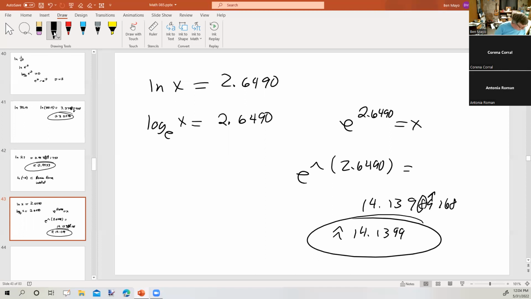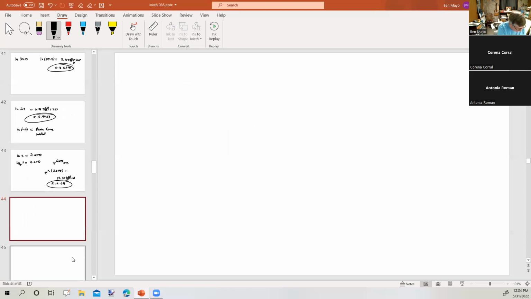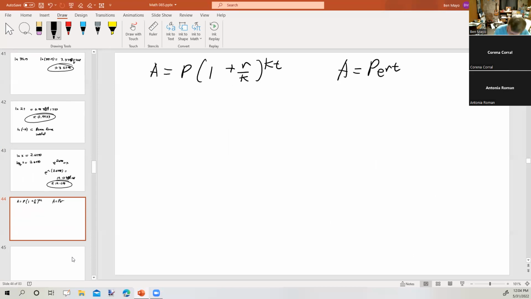All righty. Now we're going to do some word problems using that A equals Pe to the rt. First of all, let's put these both up here. So the first one is when interest is not compounded continuously. And the second one is when it is compounded continuously.